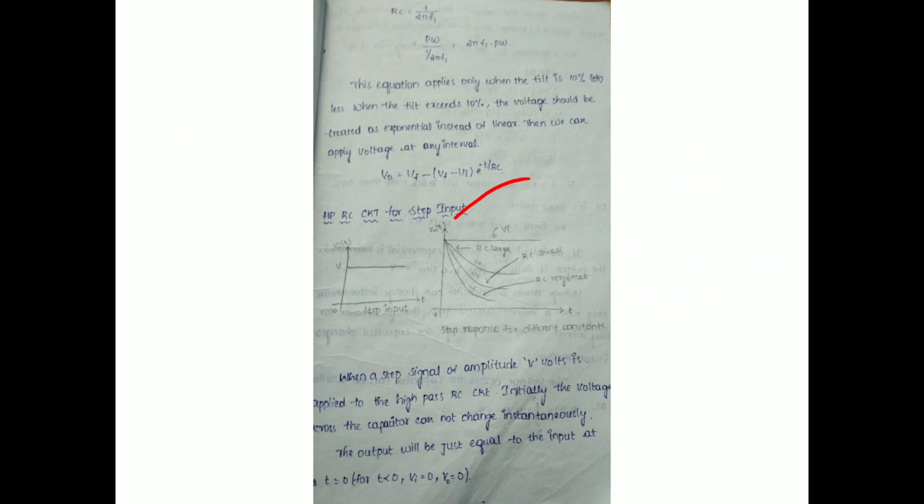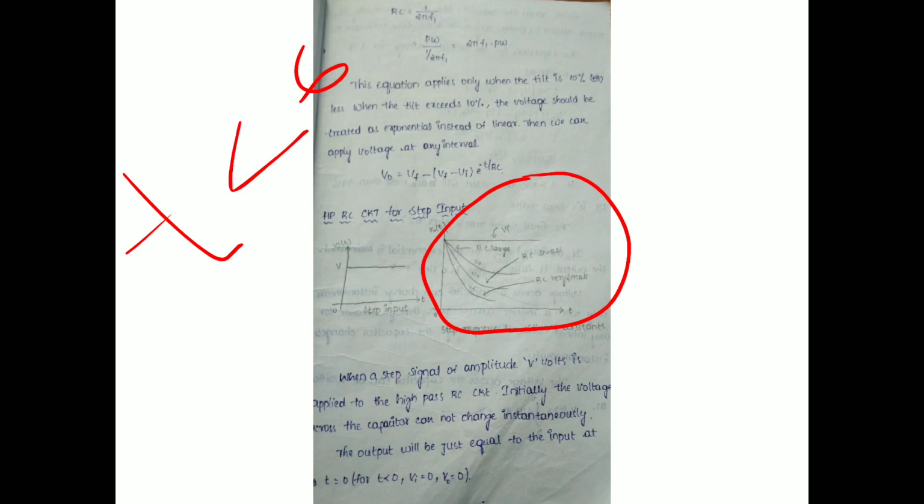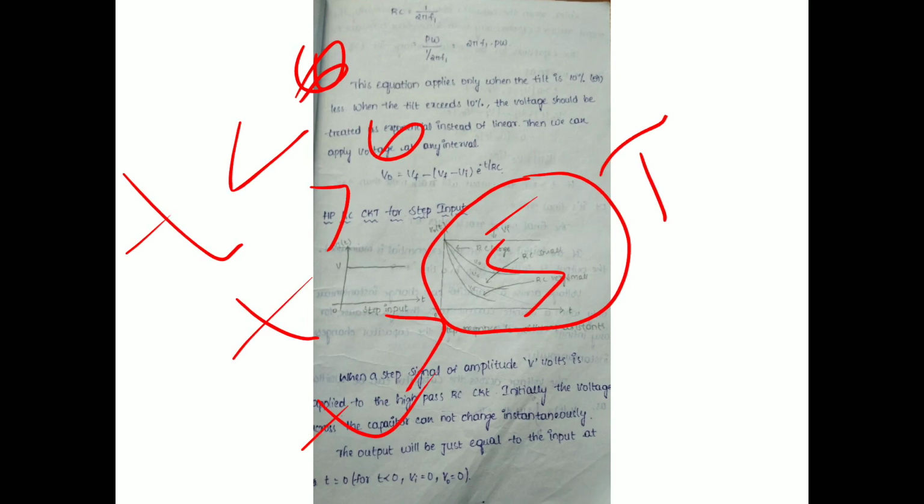This is the response of the high pass filter when the step signal is applied in three conditions, that is T less than 0, T greater than 0, and T greater than 5 tau. We have to observe the response to the step signal.